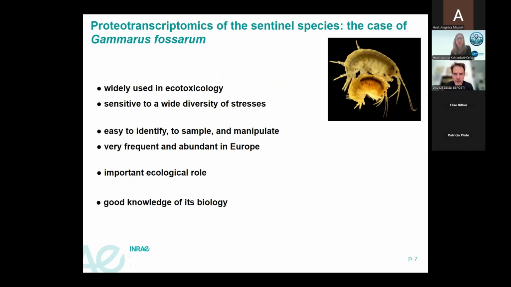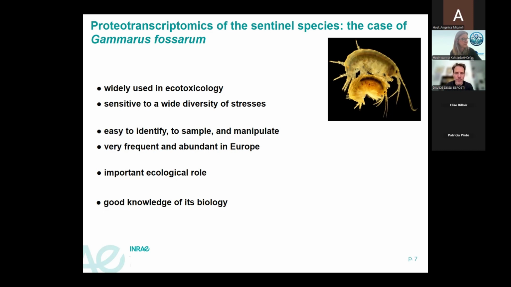It's a freshwater crustacean, but what I am saying about our Gammarus fossarum is really transferable to many different species. We have started to work with colleagues using decapods, so marine species, and other colleagues interested in mussels have asked us to contribute to their research project.